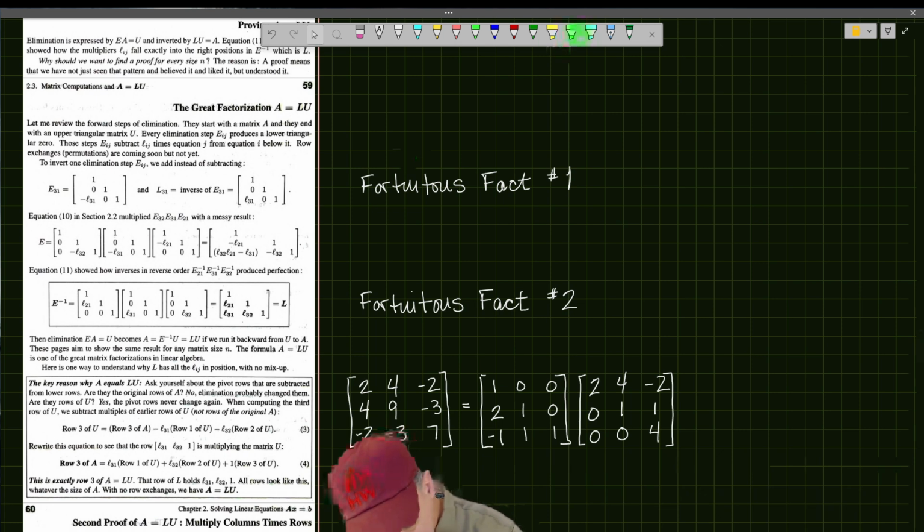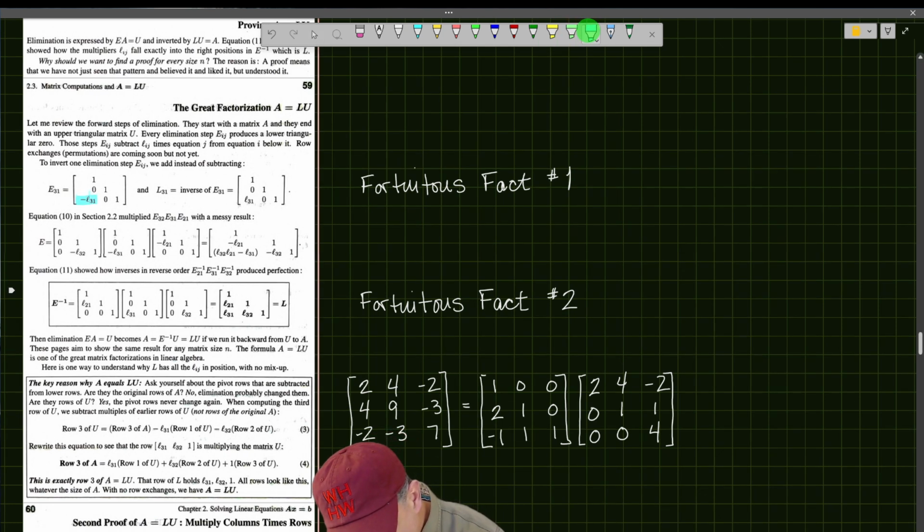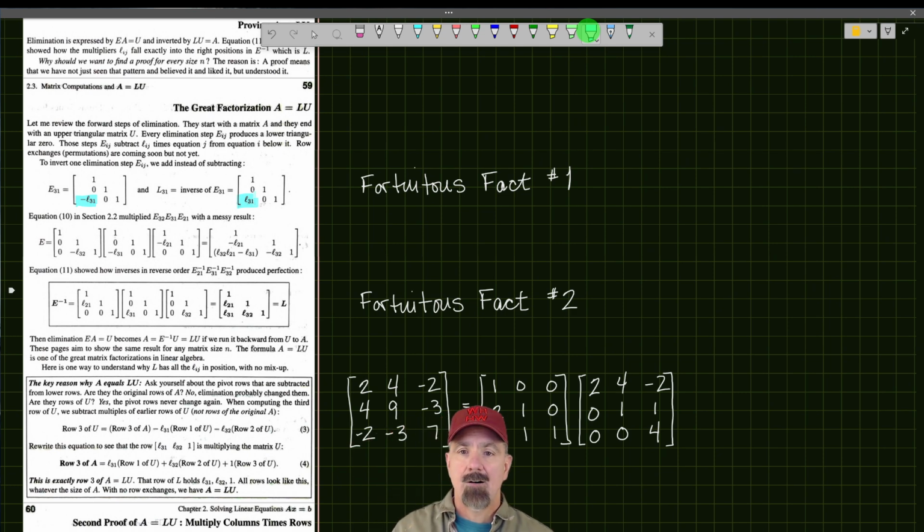So the first fortuitous fact is the notion that we're going to take the inverse of each of these elimination matrices, and we're going to be able to find it without doing any calculation. We know automatically what the inverse is going to be for each elimination step that we are conducting. That's the first thing.